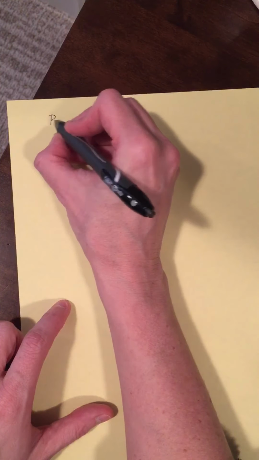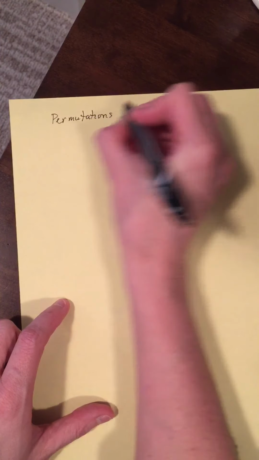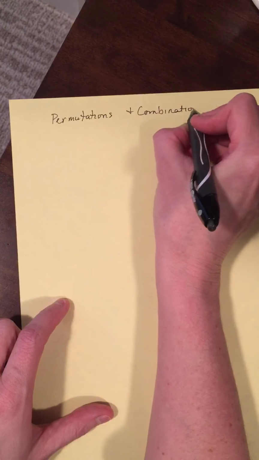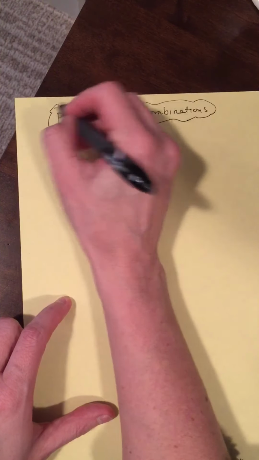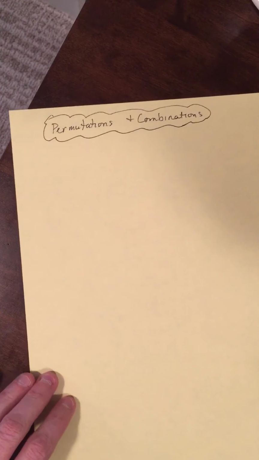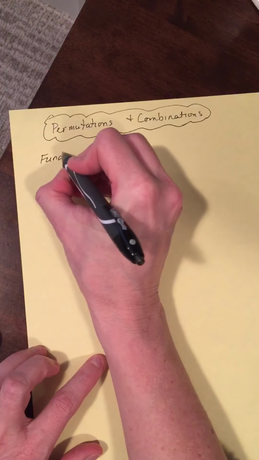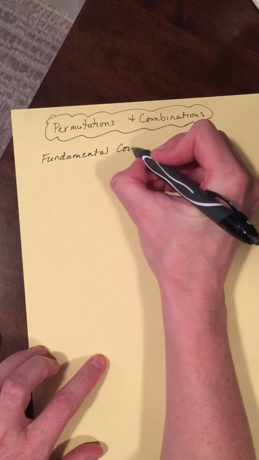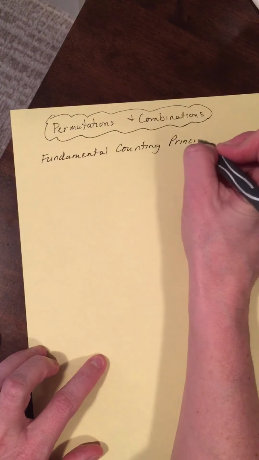So the unit that we're working with is permutations and combinations. And that's what's going to be included on tomorrow's test. Now, the first concept that we covered in this particular unit is the fundamental counting principle.